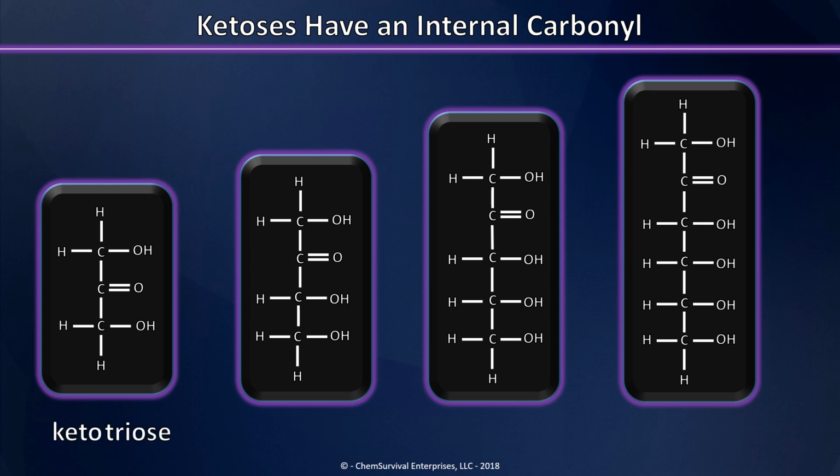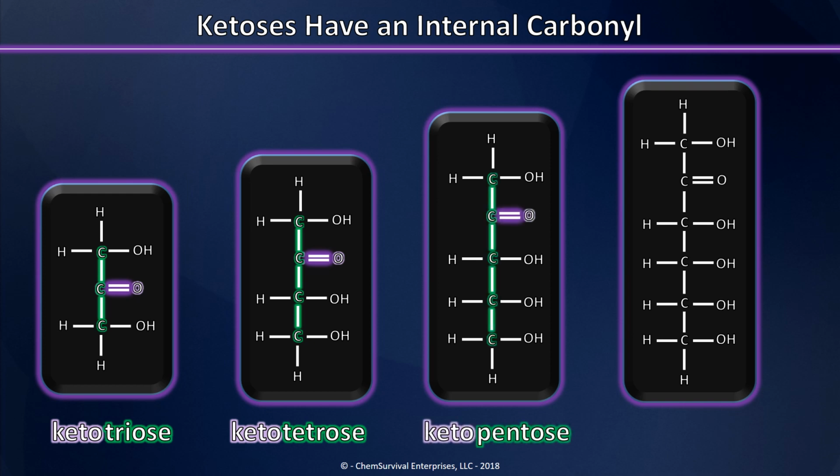Here we have a ketotriose, named so by virtue of its internal carbonyl and 3-carbon chain. Next, we have a ketotetrose, of course, an internal carbonyl and a 4-carbon chain. And this trend continues on just as it did previously with aldoses, giving us ketopentose with 5 and ketohexose with 6, most often seen with the carbonyl on the number 2 carbon.